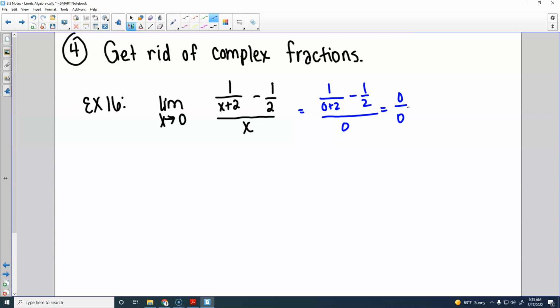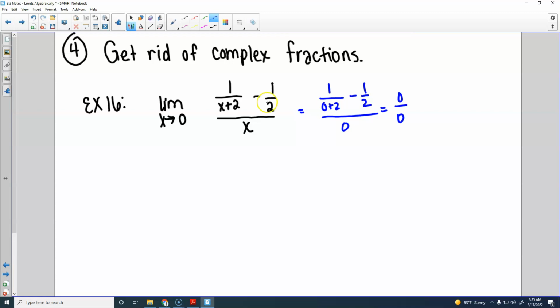If we can get rid of the complex fraction, maybe something will cancel. So we can do dividing fractions easy as pie, flip the second, and multiply. Our only issue with that is that the top is not a fraction. It technically can be done that way. It's just you're going to eventually have to get common denominators, or nothing will cancel or simplify if you do that.